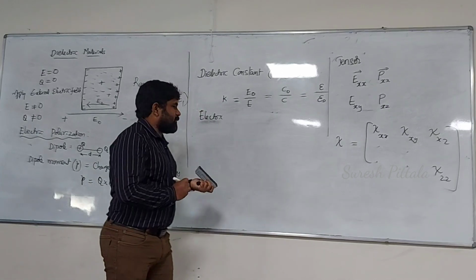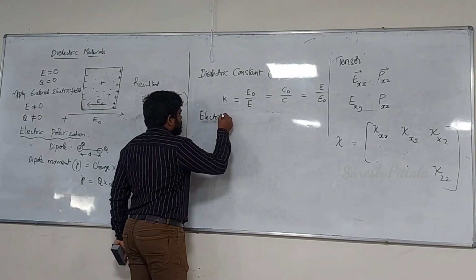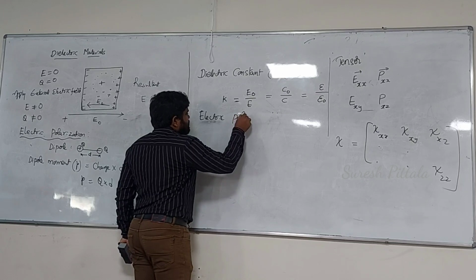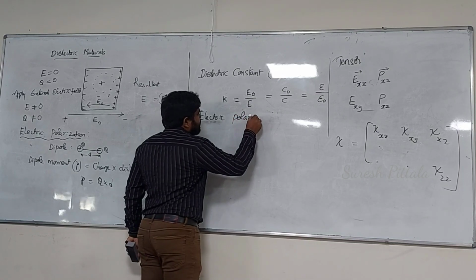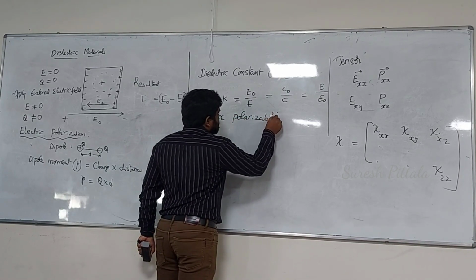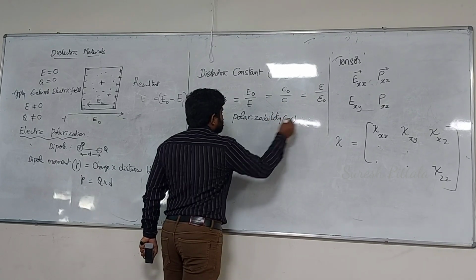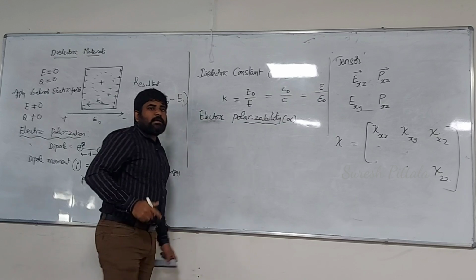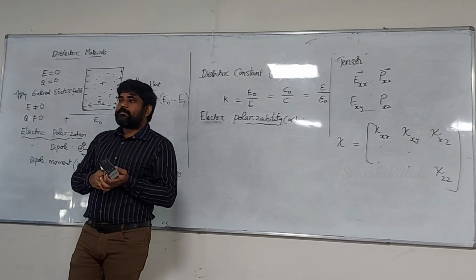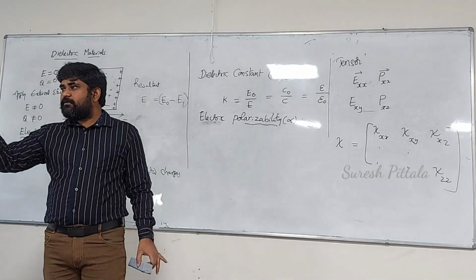Polarizability. Electric polarizability. This name itself says what it is. Polarizability. It is defined with alpha. Polarizability. Name itself is giving, what is it?